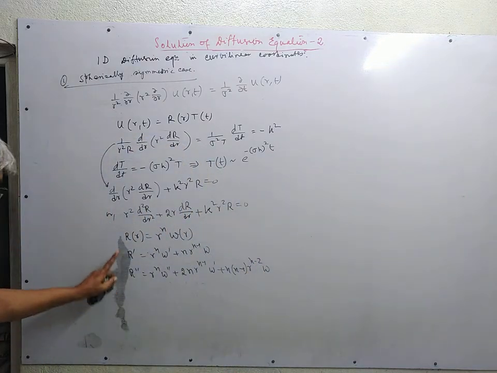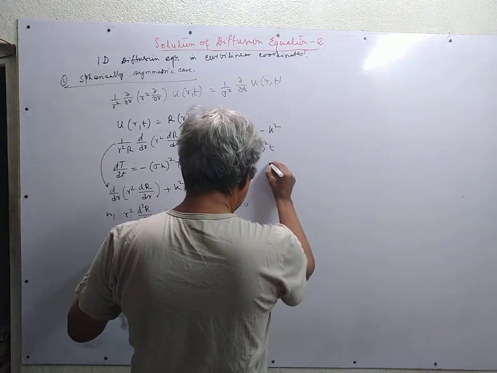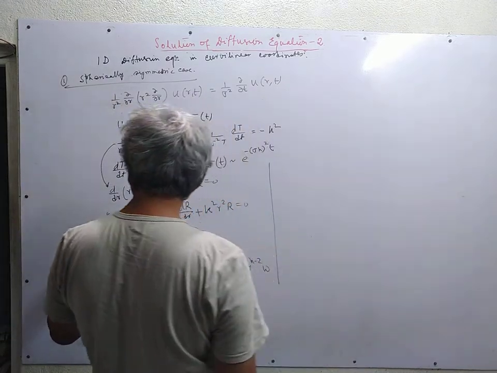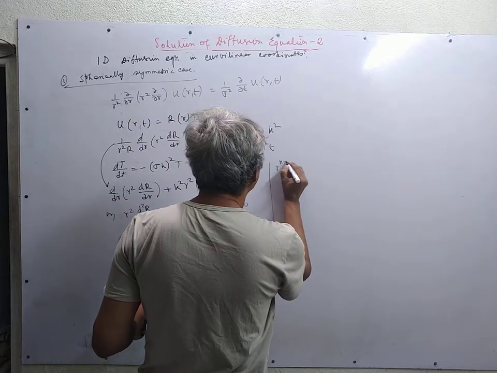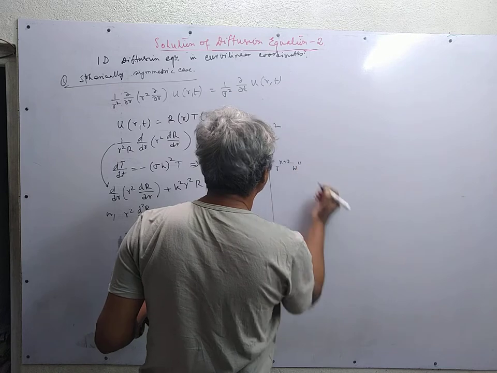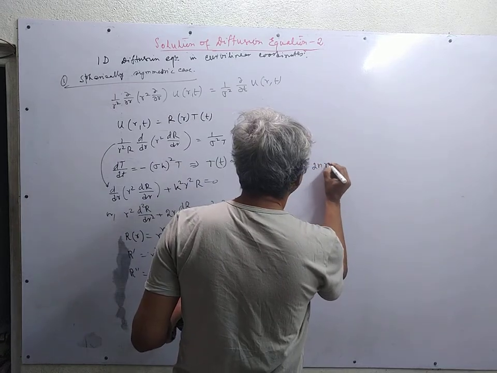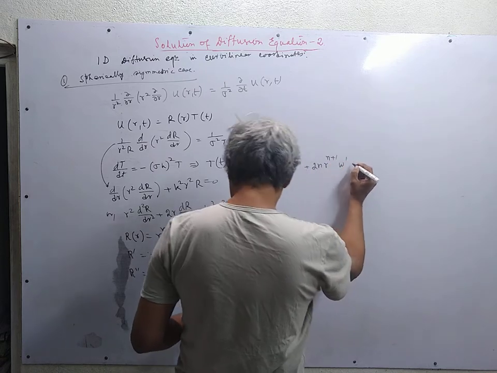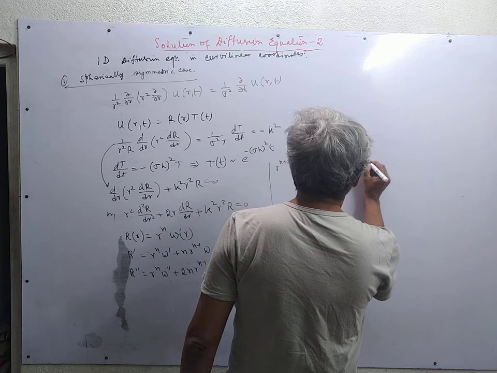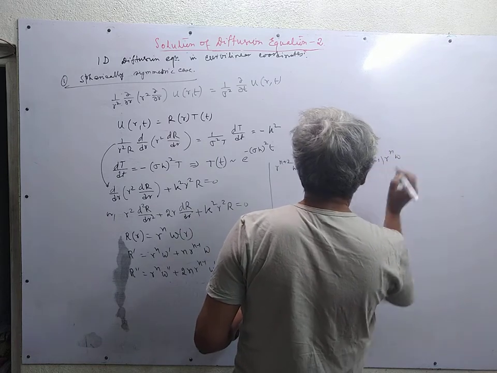When we substitute all these in the radial equation, we see r to the power n plus 2 omega double prime plus 2n r to the power n plus 1 omega prime plus n into n minus 1 r to the power n omega.